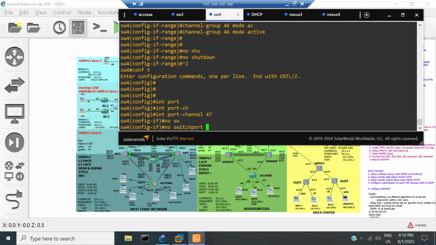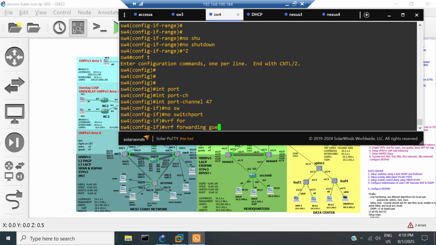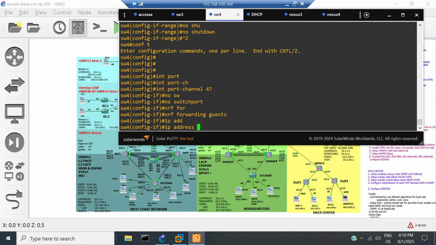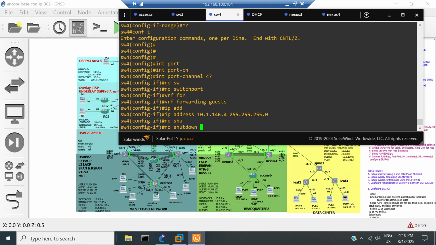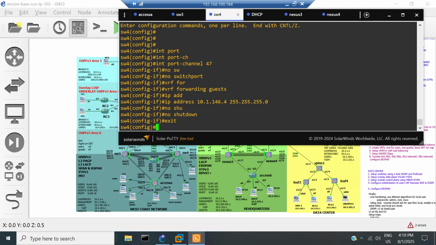No switchport to indicate it is a layer 3 port channel, and then I'm going to bind it to the guest VRF, then an IP address 10.1.146.4 255.255.255.0, no shutdown. And remember that for layer 3 EtherChannels, I first define the port channel and then the channel group. So let's do the channel group.